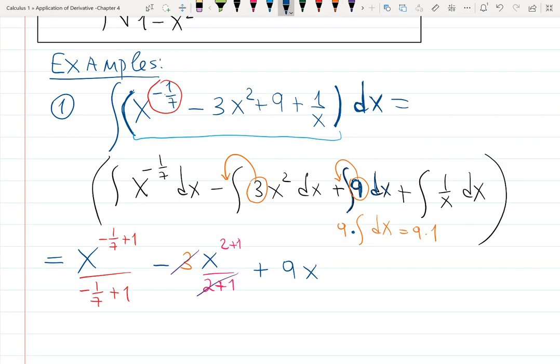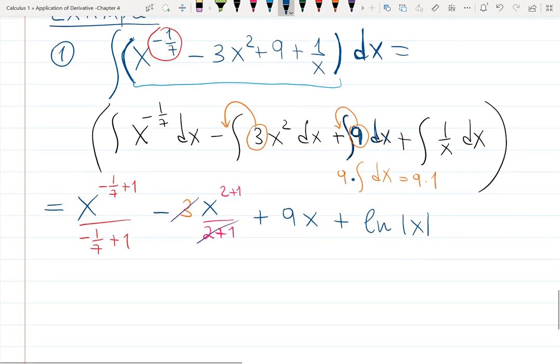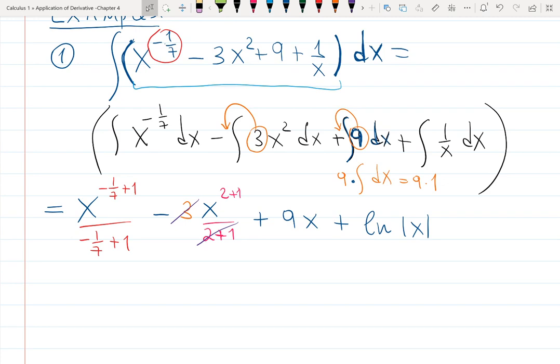The last piece, the integral of 1 over x dx. And now we know that it is the natural log of the absolute value of x. Now, did you try to stop me at some point and every time tell me, wait, where is my plus c? Since each little integral gives you some kind of c, and they all might be different, they are all collected into one fat plus c at the end.